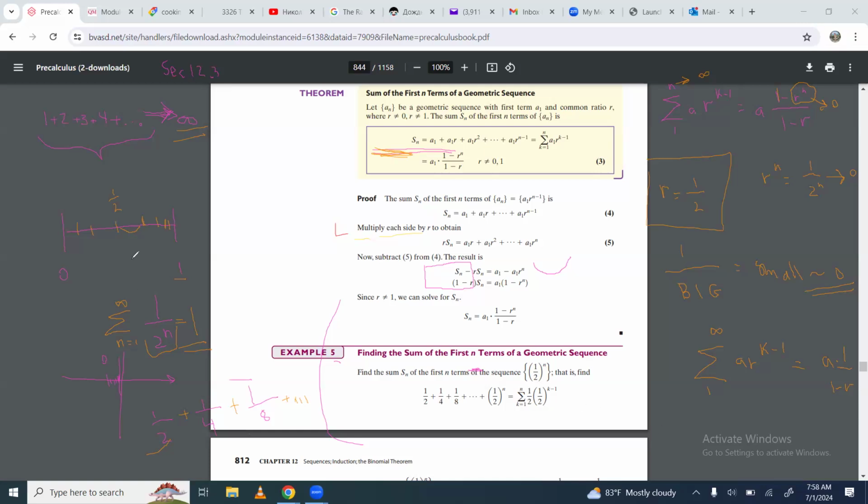So in my example here, where my first term was a half, and r was also a half, look at what happens if I put this in my formula that I just produced for you. 1/2 will be a, right? And 1 minus 1/2. So let me clear some room for that. This is interesting, right?